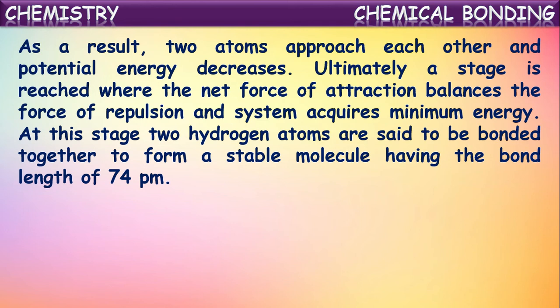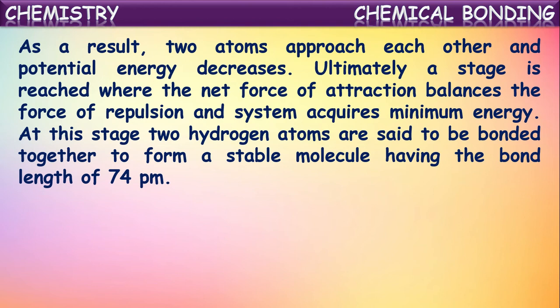So when these two atoms approach each other to a certain distance, they reach a stage where the net force of attraction balances the net force of repulsion and the system acquires a minimum energy.